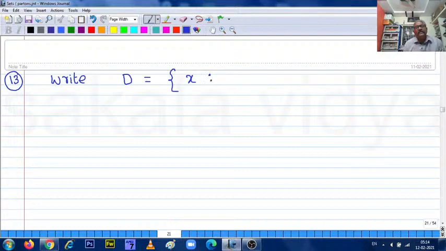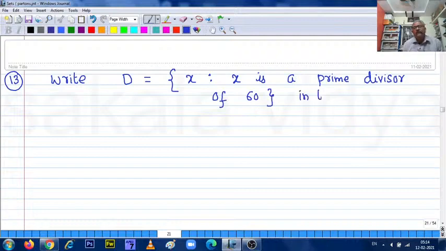X such that x is a prime divisor or prime factor of 60 into roster form. Express this set into the roster form.